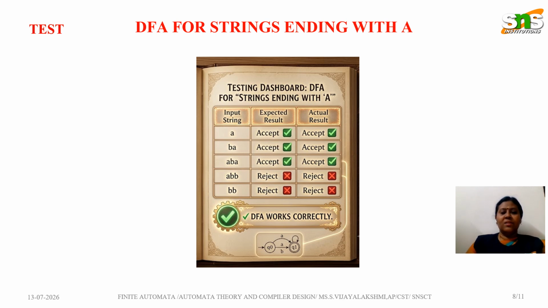BB is also rejected. These concepts form the foundation of automata theory. Once they are clear, understanding DFA and regular expressions becomes much easier.